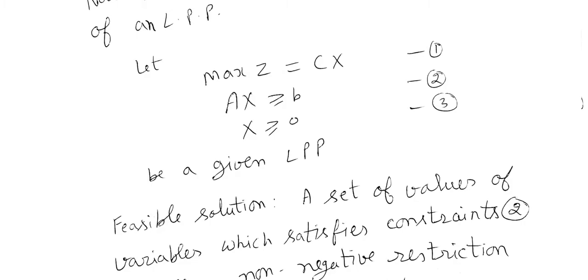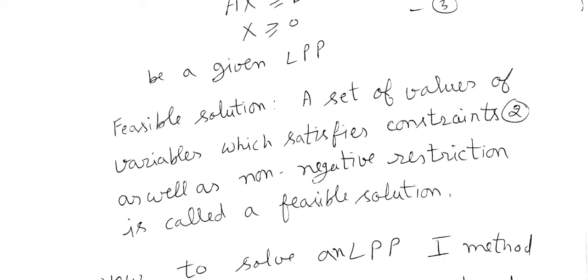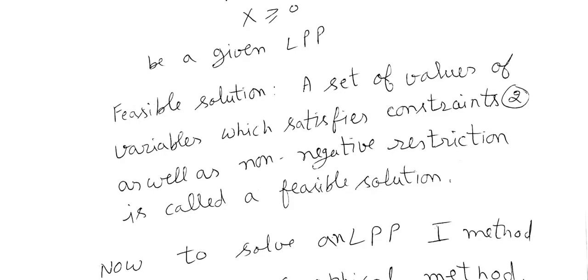Let us take LPP in its matrix notation. Maximize Z equal to Cx, Ax greater than equal to B, x greater than equal to 0. Now we will define feasible solution.